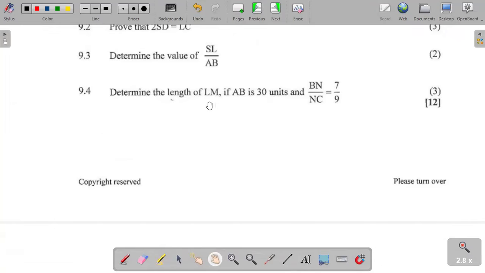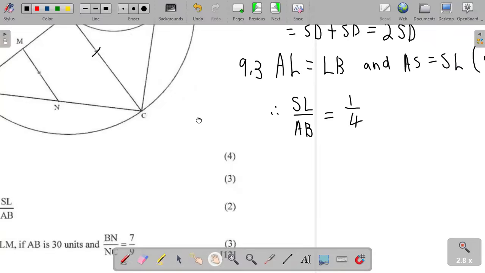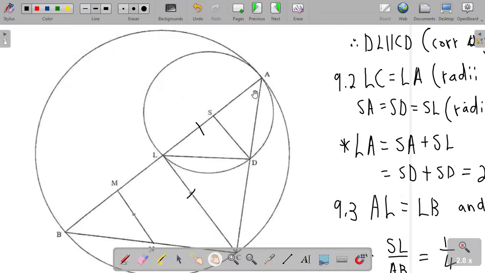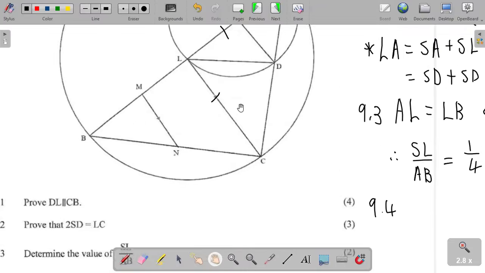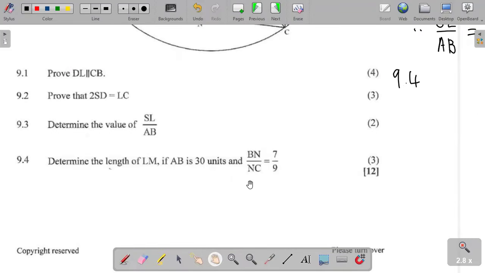Determine the length of LM if AB is 30 units. So they gave us AB. 9.4, they say that AB is 30 units.